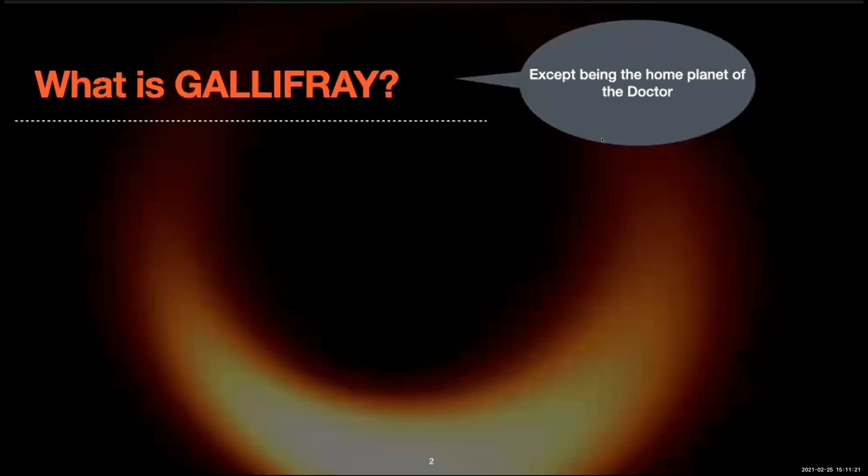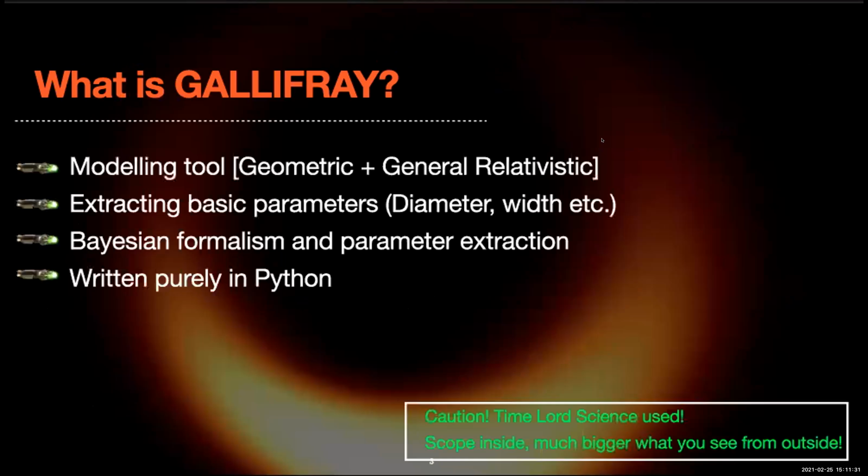So what exactly is Gallifrey? I'll give brief details about the scope of this library and what we can do with it. Firstly, it's a modeling tool. We can model any radio interferometric source, be it a general relativistic image or a geometric model. Secondly, you can extract basic parameters such as diameter, width, or total flux intensity from the images.